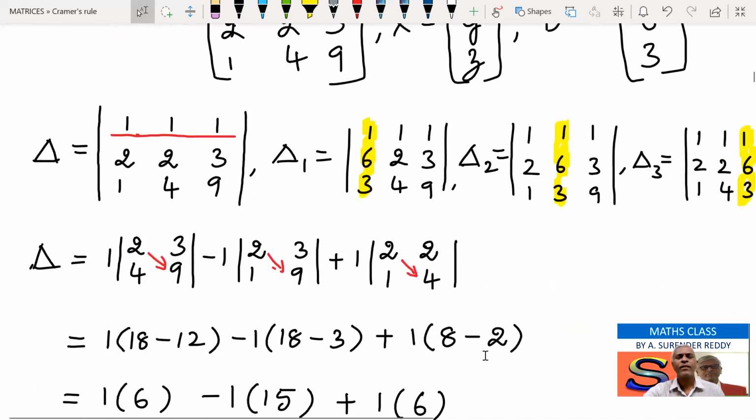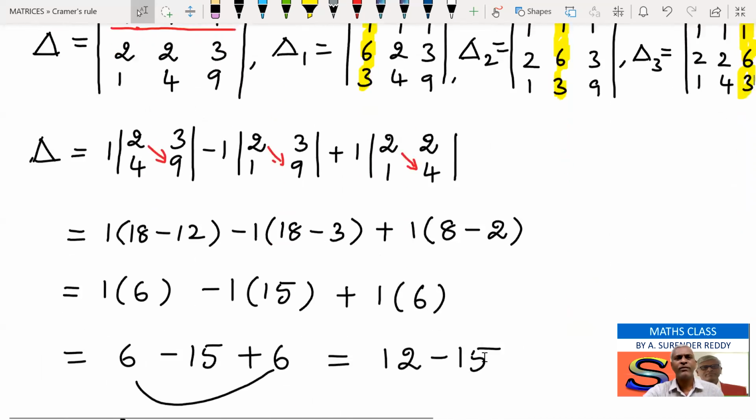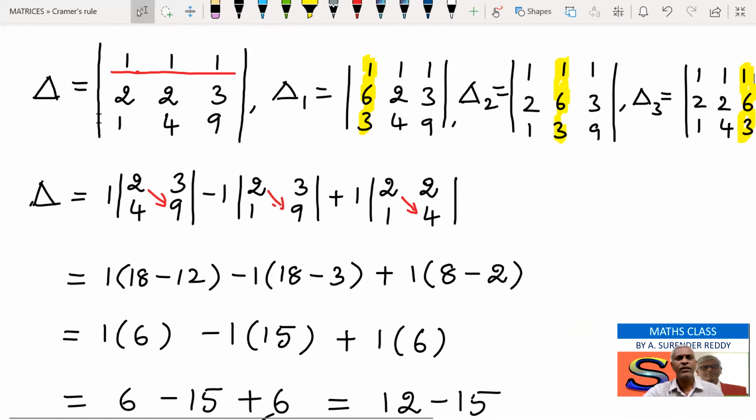Now let us calculate the determinants. First determinant delta, over the first row elements, 1 into... we know how to calculate the determinant from previous classes. You should be perfect in calculating the determinant of a 3 by 3 matrix.